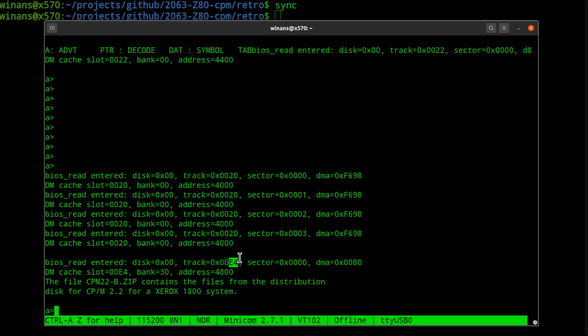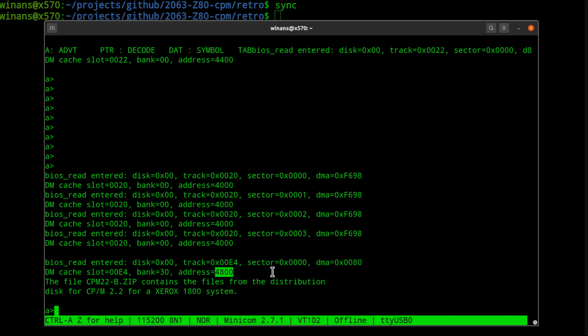I believe the answer is yes, because remember the bank number is the top 2 bits of this nibble and then shifted right twice. So E is 111 and then a 0. So the top 2 bits in this nibble are both 1s. If I take those 2 1s out and I move them to the right 2 bit positions and 0 everything else out, that's a 3. In fact, it's a 30. So that's exactly what we should have for track number E4.